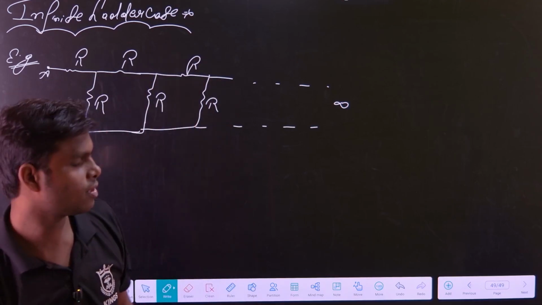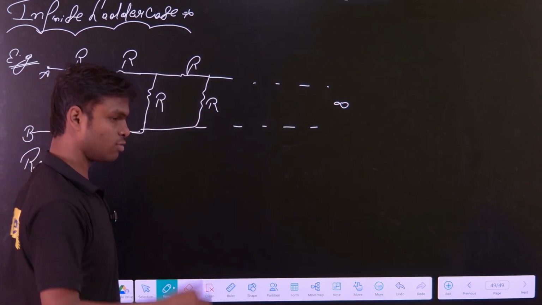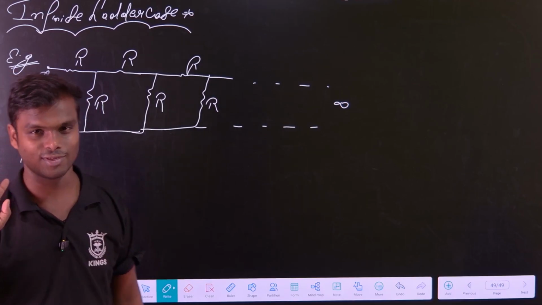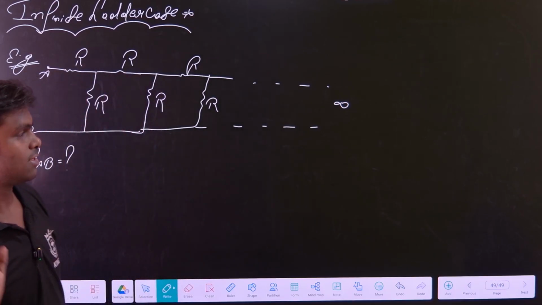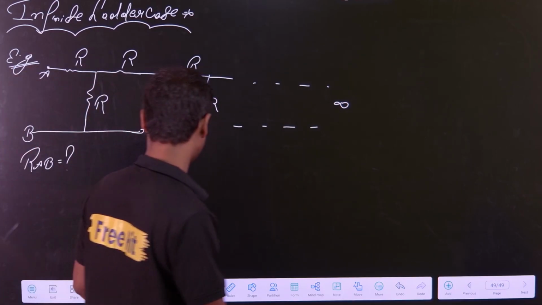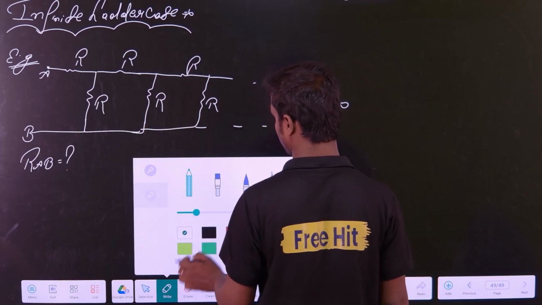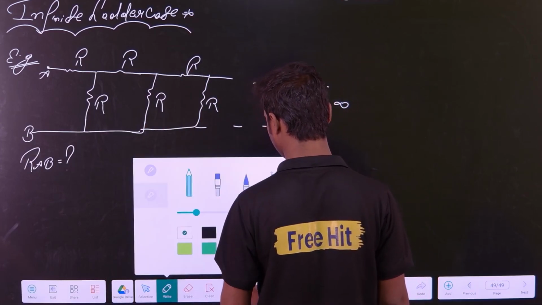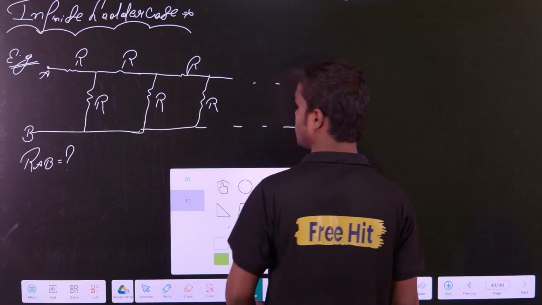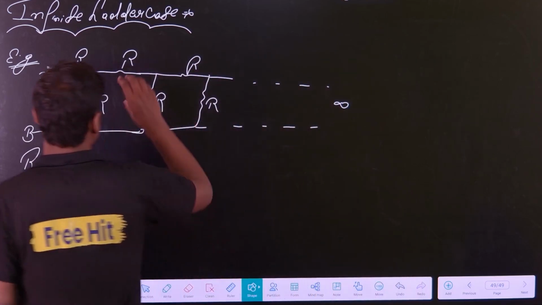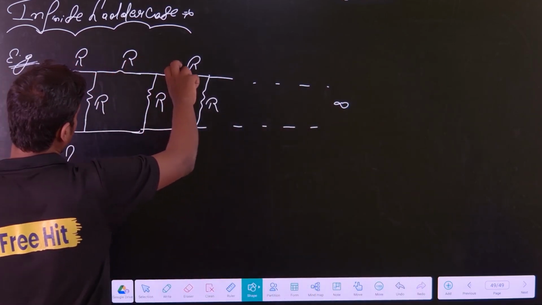If you don't want to follow it, then do it the normal way, but in that way you won't get the answer. The method is, first try to identify the repeating part. If you see, this part is going to be repeated everywhere.